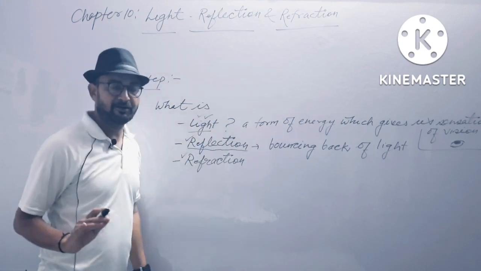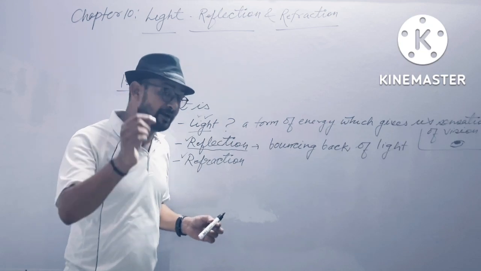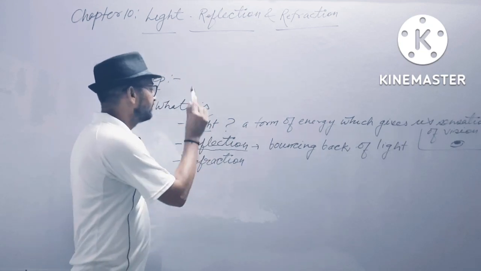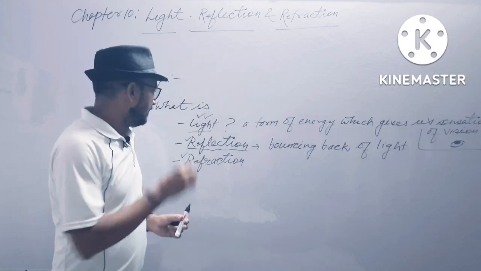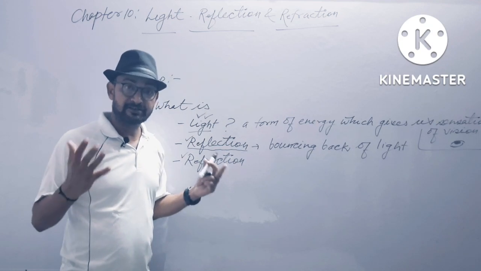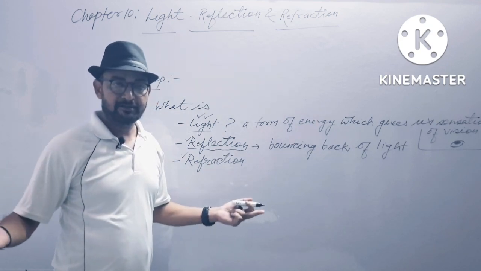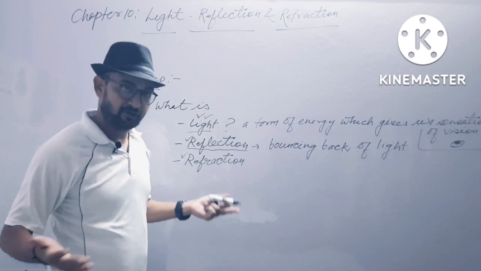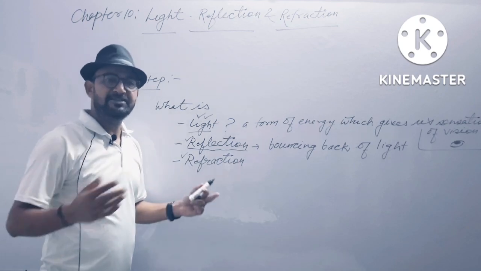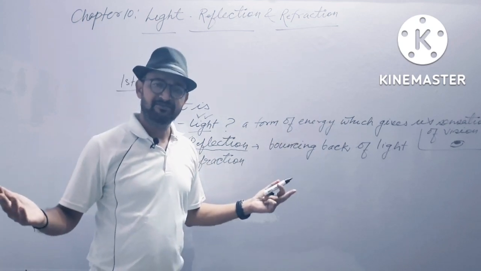The very first requirement to see the objects is light. That is source of light. As you know that sun is the largest source of light for us on this earth. So in day we can see everything very clear because there is lot of light.